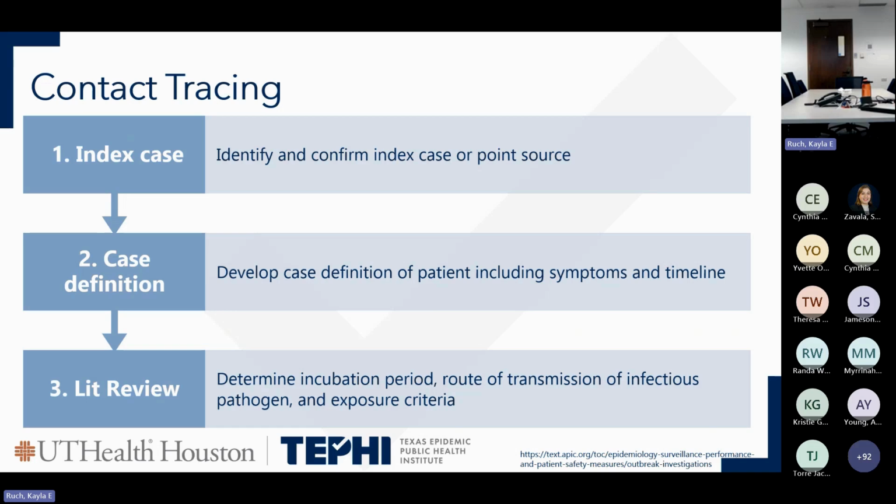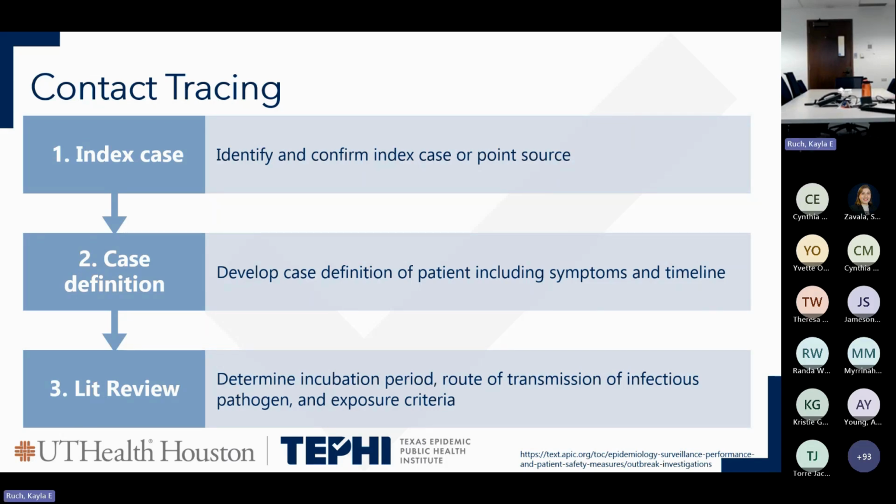So really having robust information on the pathogen, how it's transmitted, what the exposure criteria are, and how long it incubates is important. Is it asymptomatic for 48 hours, which we saw with COVID? Is it symptomatic right away? Is there a latency period, but it's still infectious transmission going on, or not?